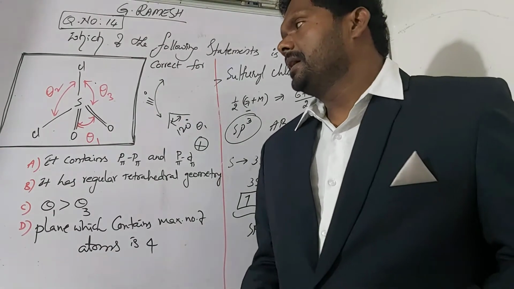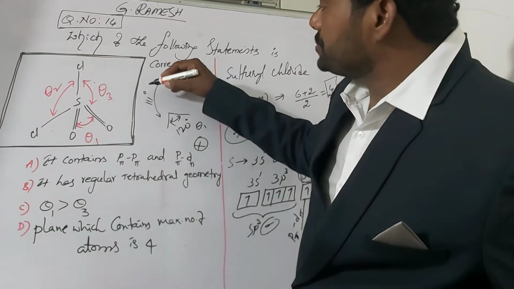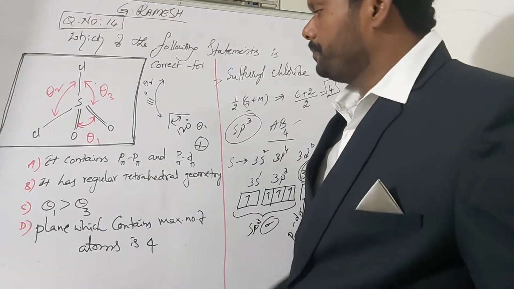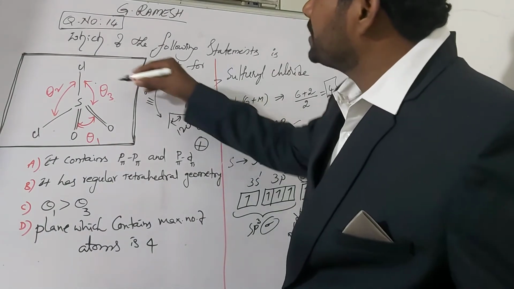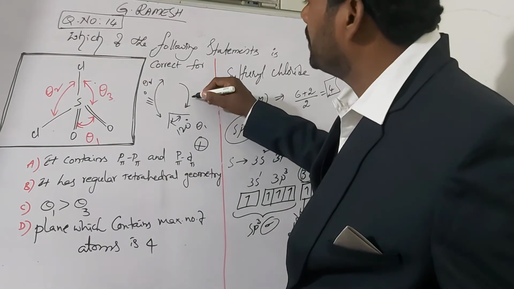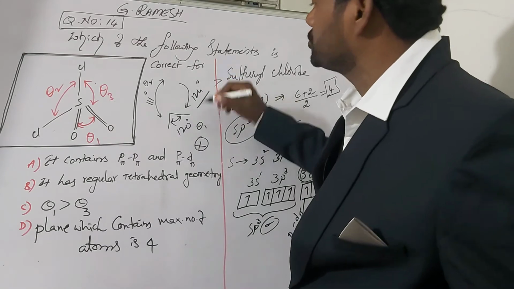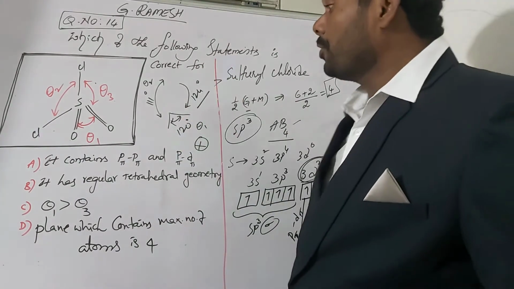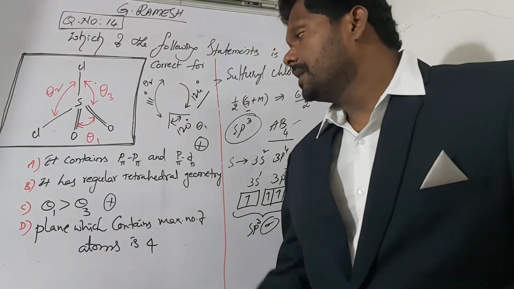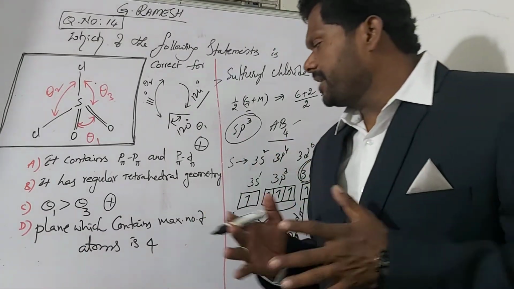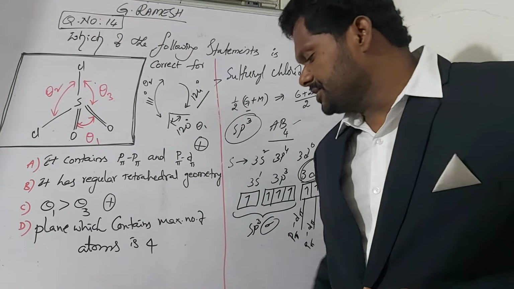This theta 2 is actually low, but here it is not mentioned. And theta 3, between chlorine and oxygen, is close to 124 degrees. So theta 3 is more, but it was given as less. It will be wrong.